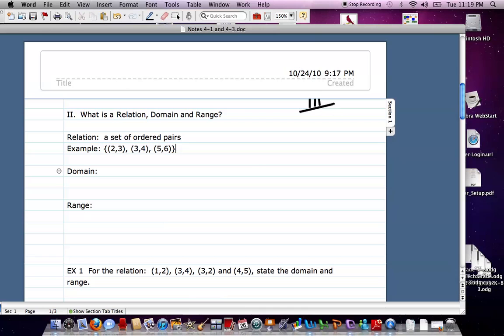Now the domain in this relation are simply the x-coordinates or values. The x-coordinates are values or simply the independent variables.